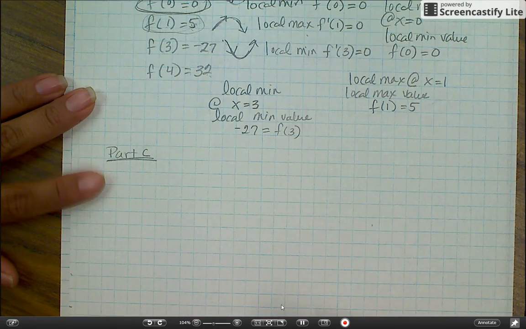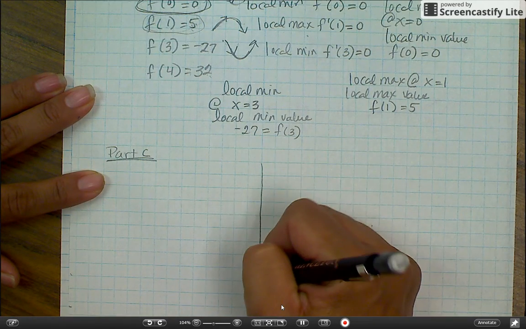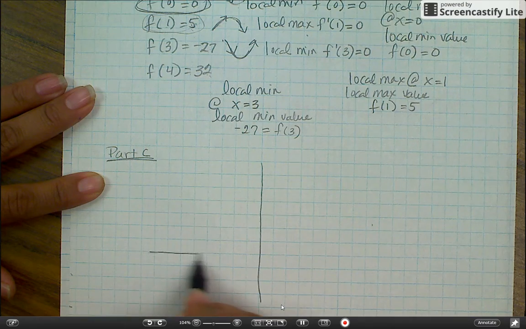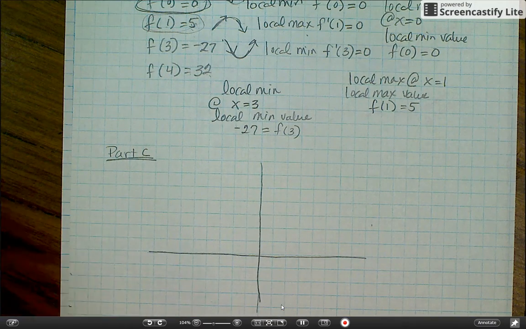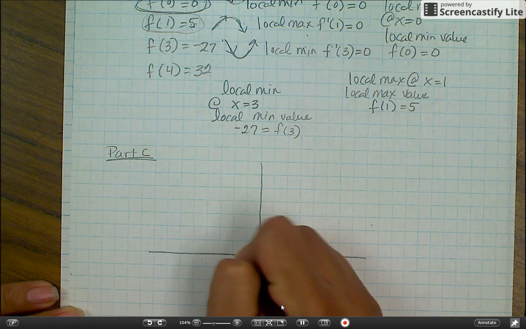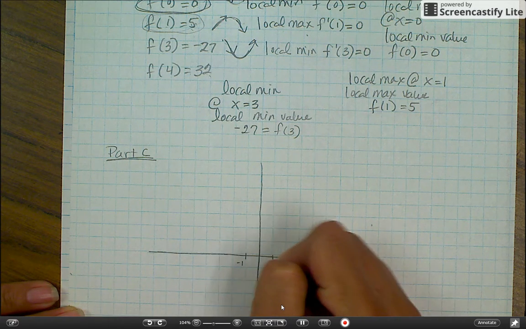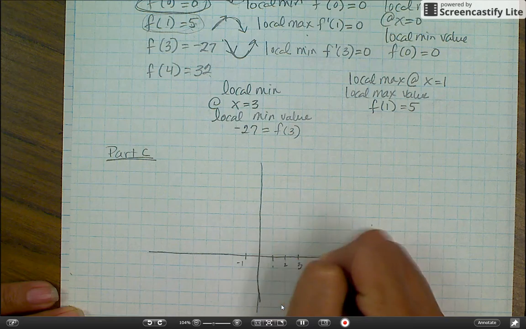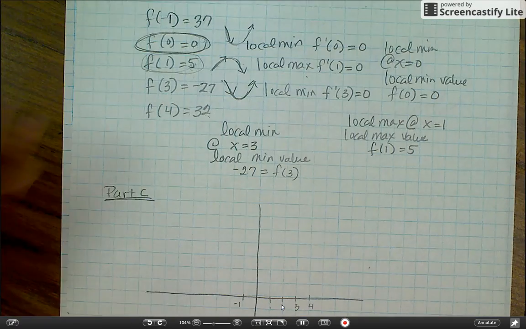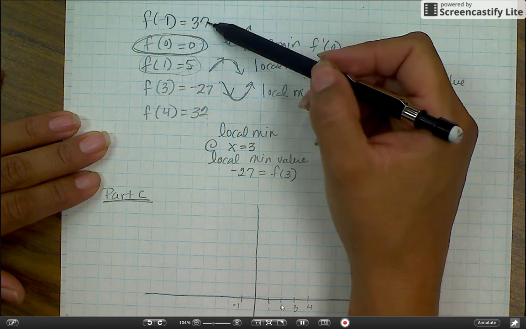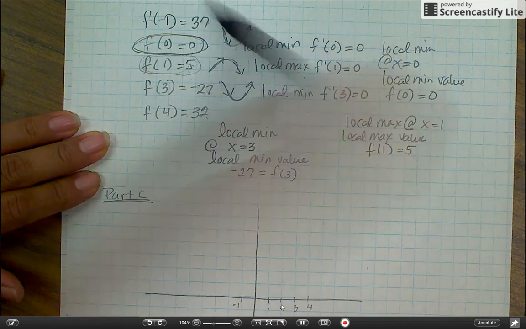So I'm going to sketch my graph here. This is going to be negative 1, 0, 1, 2, 3, and 4. Now, I have quite large y values. They go all the way from 37, 32, and negative 27.